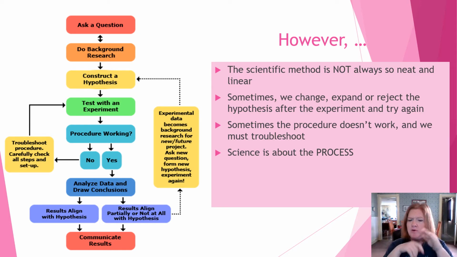And then if your results align with your hypothesis, you're going to communicate those results. And maybe you want to retry it. If your results don't align or partially don't align, you're still going to communicate those results, but it may lead you back to developing a new hypothesis and designing a totally new experiment.